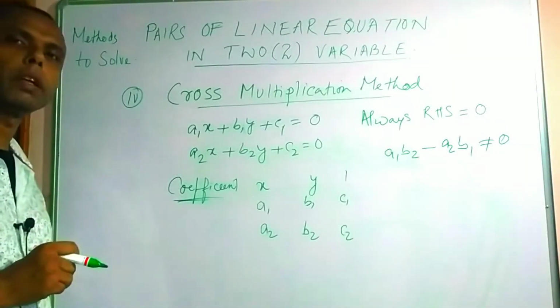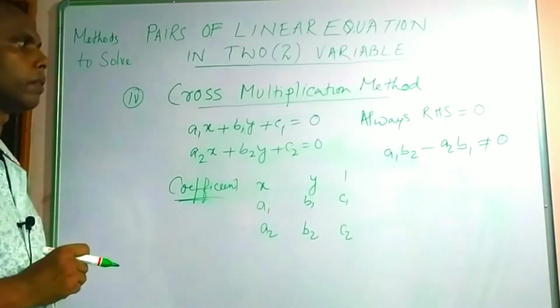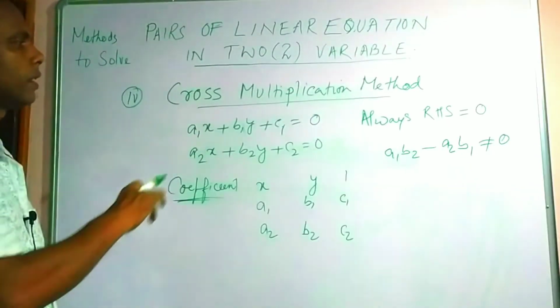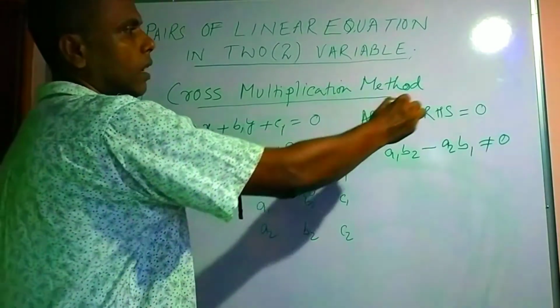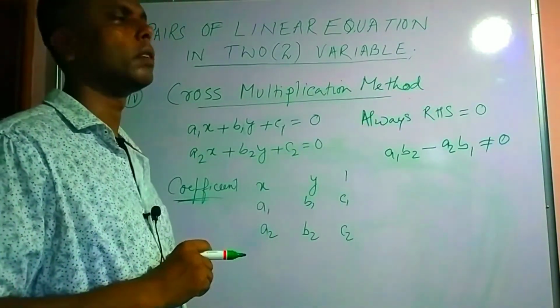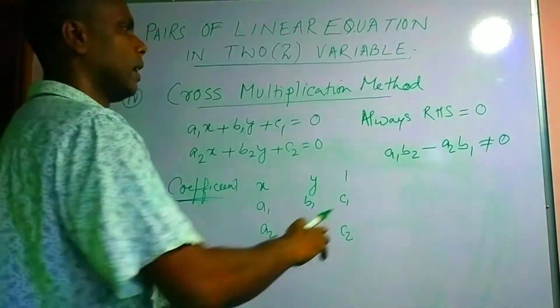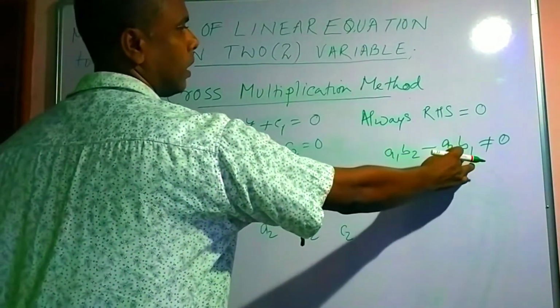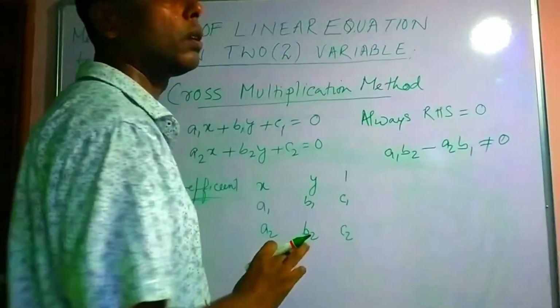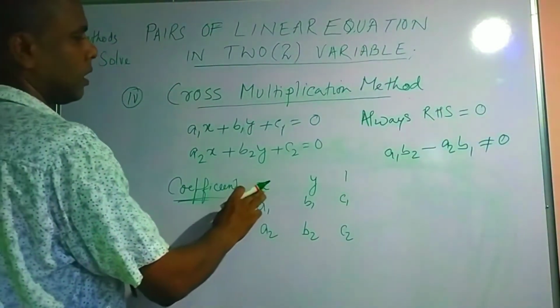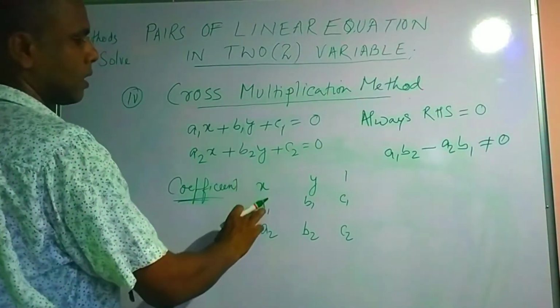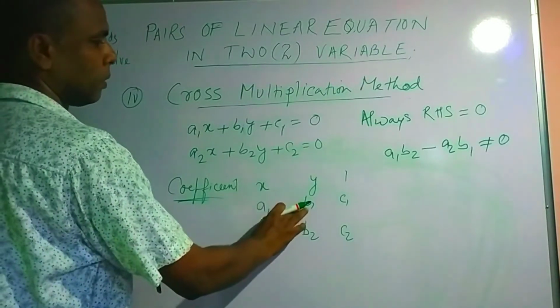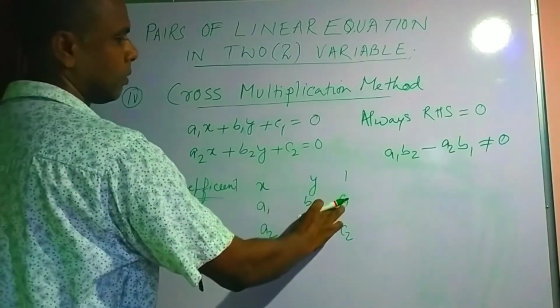Here the fourth method, cross multiplication method. We take the general equation. The right hand side of the equation must be always 0, and the coefficient a1 b2 minus a2 b1 must not be equal to 0. Let us take the coefficient of x as a1, a2, y as b1, b2 with the constant term c1, c2.